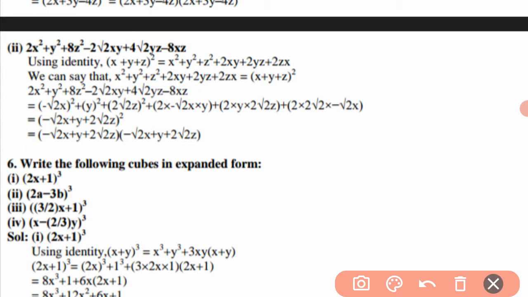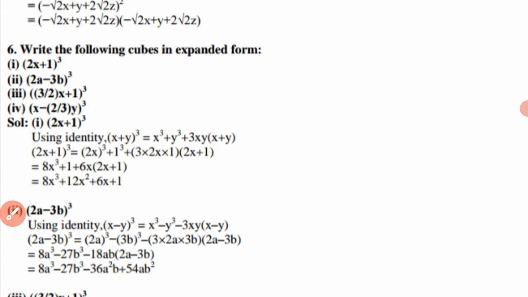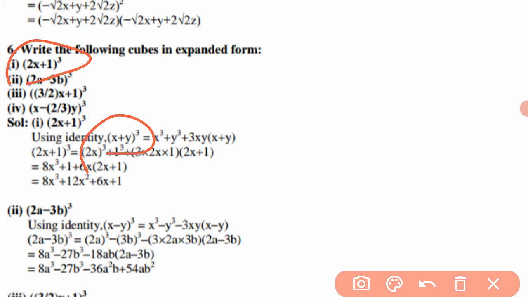Now see question number 6. In question number 6 we have to write the following cube in expanded form. So by using this identity, first we have (2x + 1)³. Using the identity (x + y)³ = x³ + y³ + 3xy(x + y), by putting values here, (2x + 1)³ is (2x)³ + 1³ + 3 into 2x into 1 into (2x + 1).